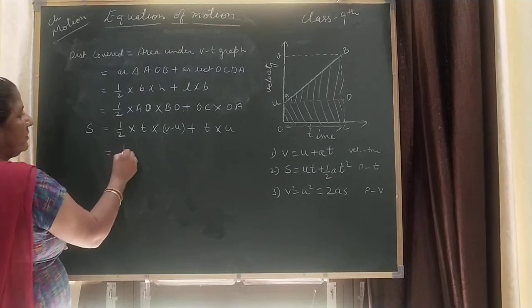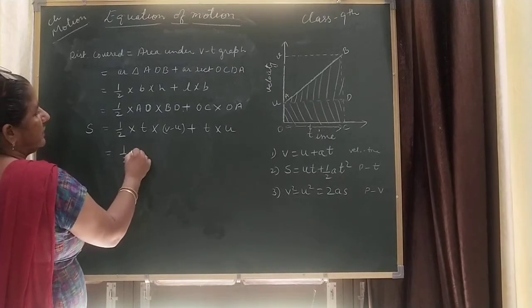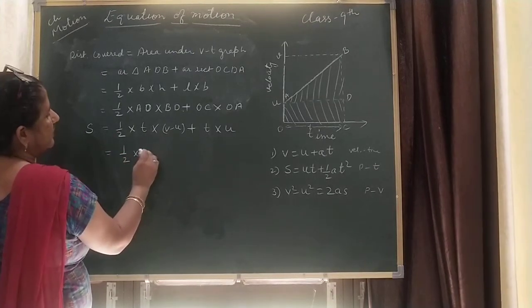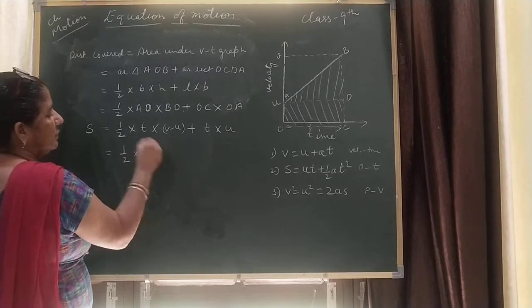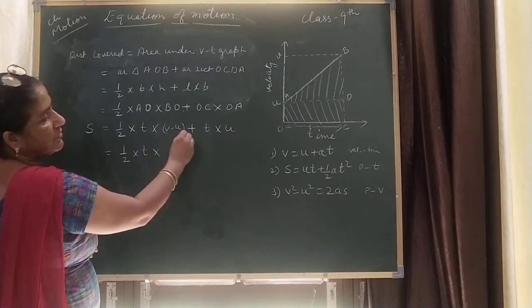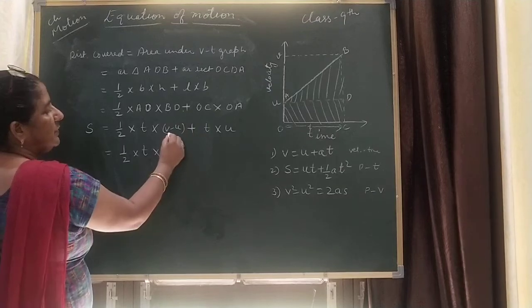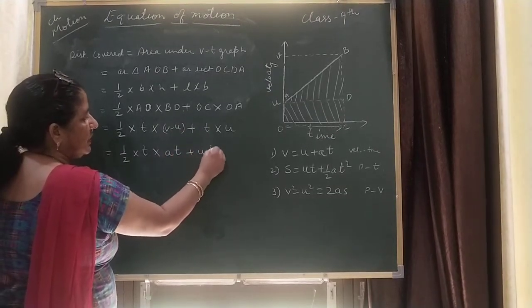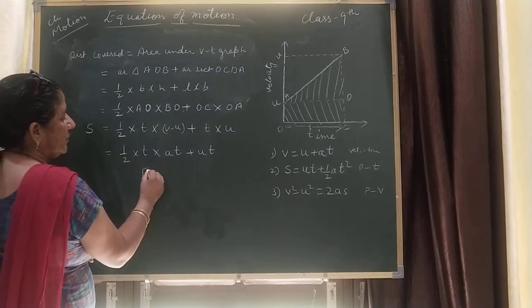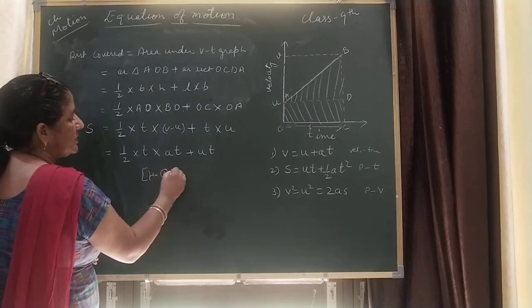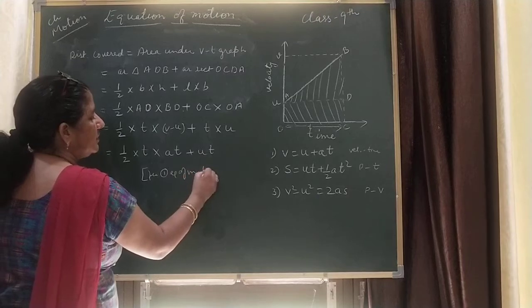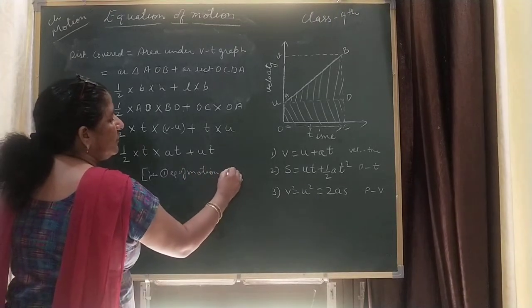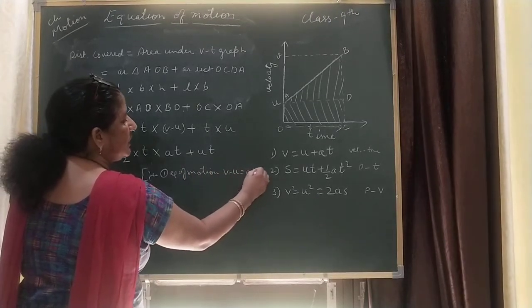This is equal to half into T into, we know from the first equation of motion, V minus U equal to AT.